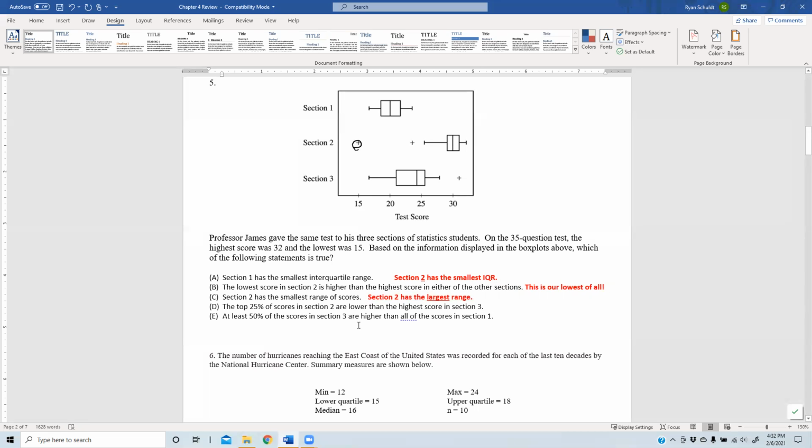D, the top 25% of scores in Section 2 are lower than the highest score in Section 3. The highest score in Section 3 is right here.